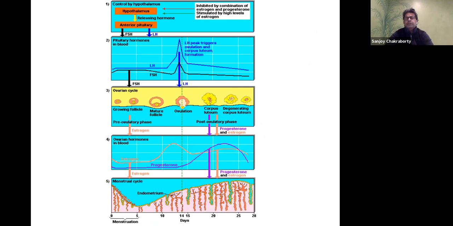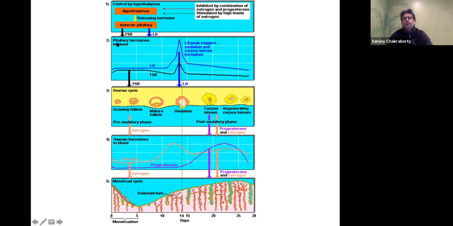This graph will represent all of them very nicely. So the first thing, this middle line is day 14. That's the ovulation line. In the beginning of the cycle, days 0 to 5, that's the menstruation part, meaning the sloughing off taking place. At that time, FSH is coming to the ovary.